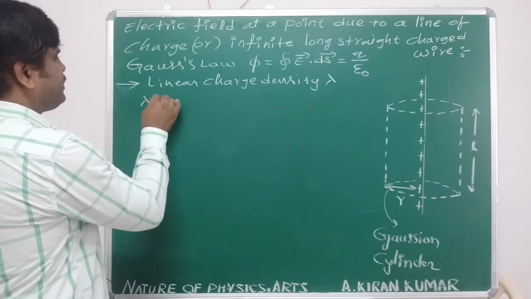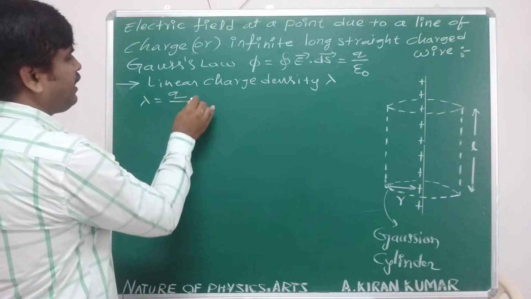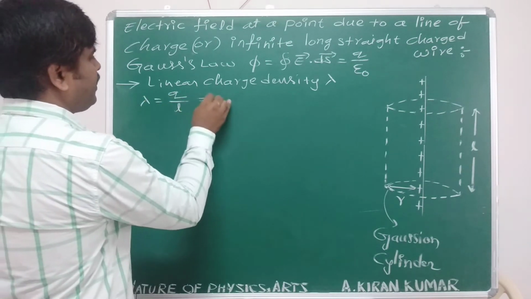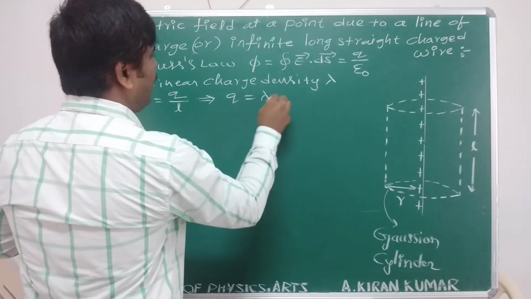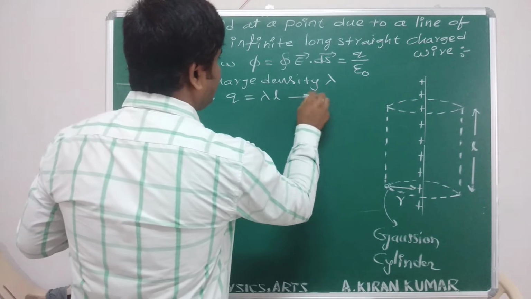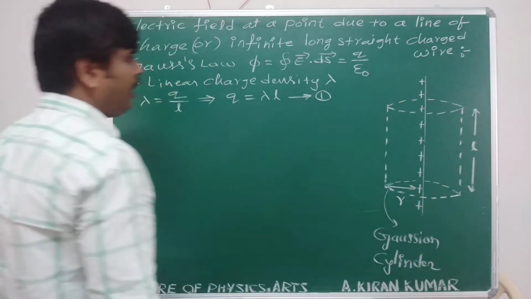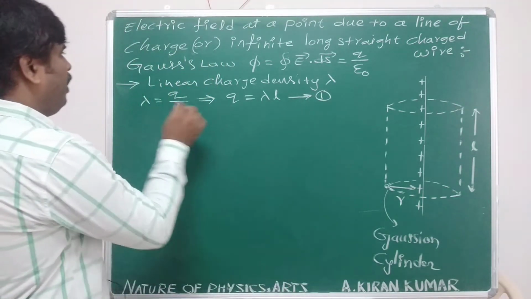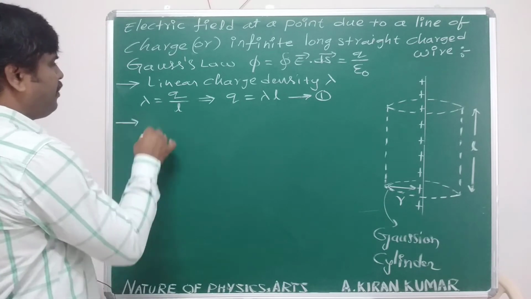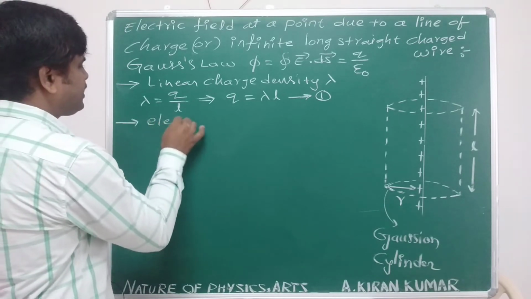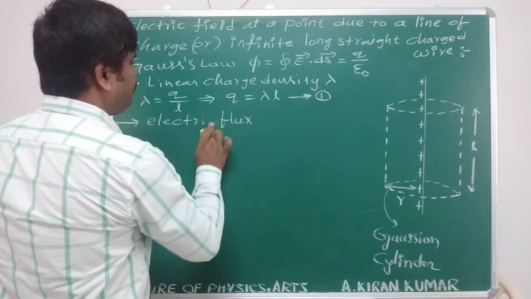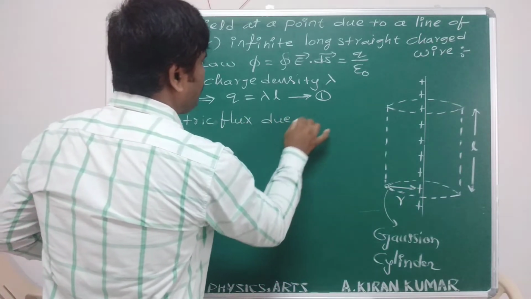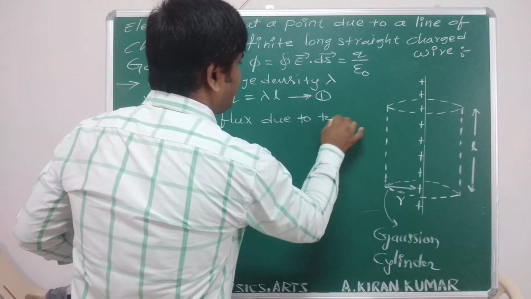So lambda is equal to q divided by L. So charge q, which is equal to lambda into L, is taken as equation number 1. Now with the help of Gauss law we can find the electric flux. So electric flux due to 2 plane surfaces.